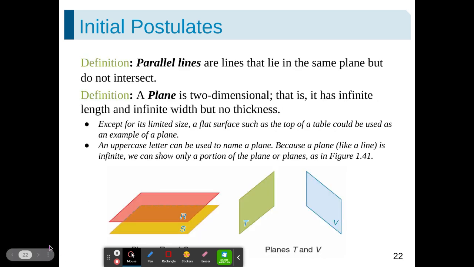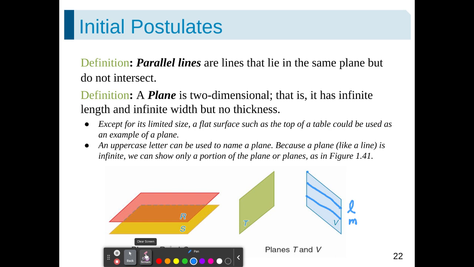Parallel lines. Going into this, it seems very straightforward, but parallel lines are lines that lie in the same plane. The most simplified situation is that I have a plane, and I'm going to call it V. Inside plane V, I have a line that runs here and a line that runs right there, and we'll call them line L and line M. Line L and line M are parallel because they're in the same plane.